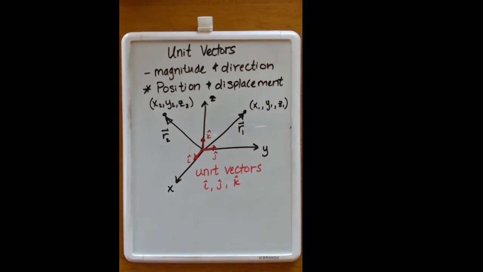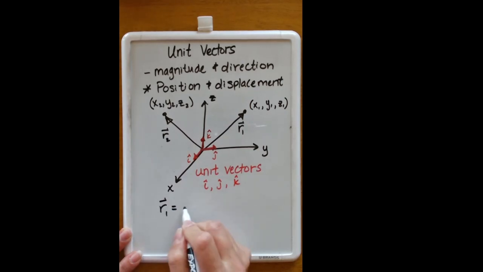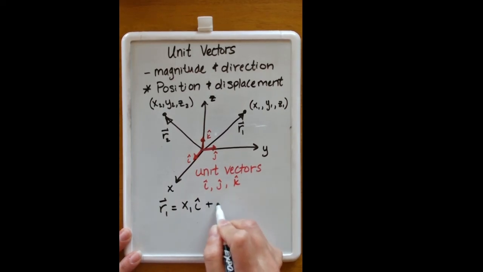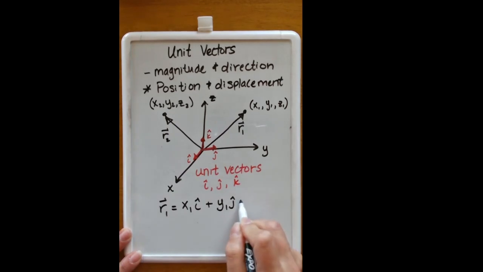Okay. So now we're going to write our vectors R1 and R2 with our vector notation. So R1 is going to be its x1 position in the i hat direction plus y1 in the j hat direction plus z1 in the k hat direction.